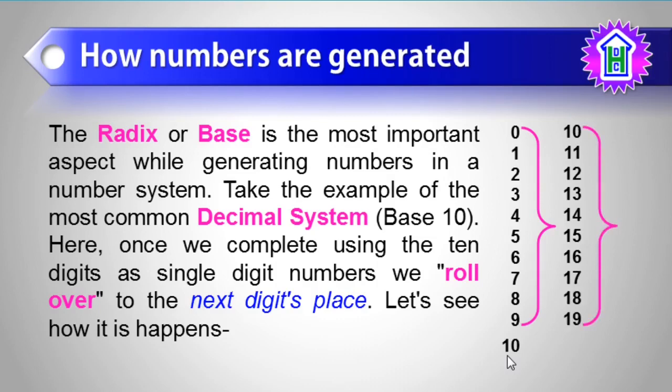As we have completed one more cycle of the number system, we'll again reset the 9 to 0. And because one more cycle is completed, we will add 1 to this 10, plus 1. Now it will become 20. This is how numbers are generated in any number system, which is positional.